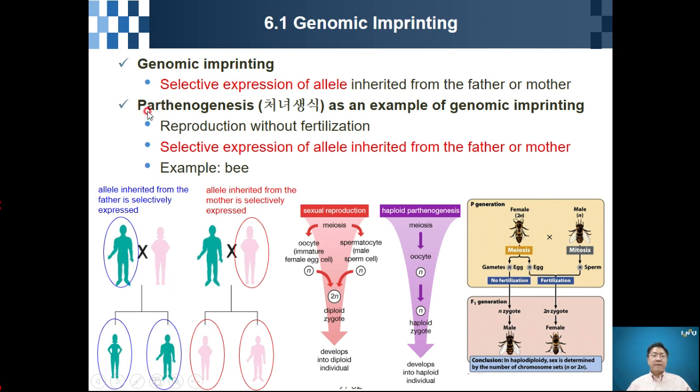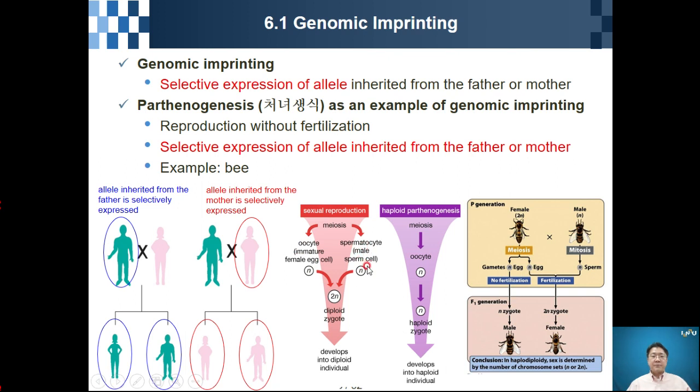Parthenogenesis, in Korean 처녀생식, is an example of genomic imprinting. Parthenogenesis is reproduction without fertilization. For example, in sexual reproduction, after meiosis, the female makes a haploid egg and the male makes a haploid sperm.